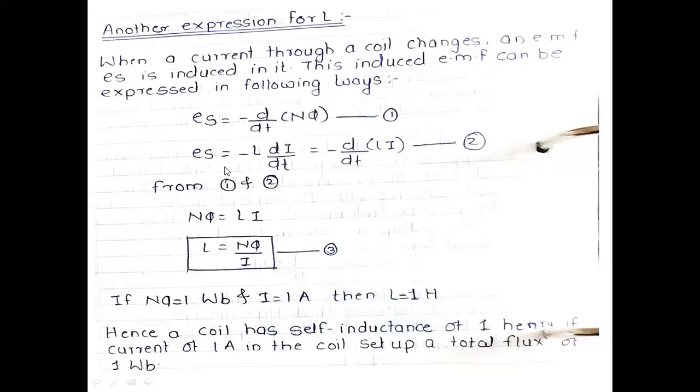After these, write: equating equation 1 and 2, we get N phi equal to Li, and therefore L equal to N phi by I. Write this in the box as equation number 3, and take it down up to the last.